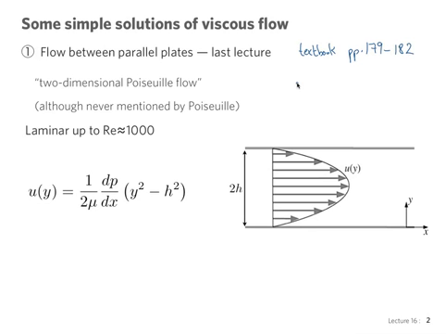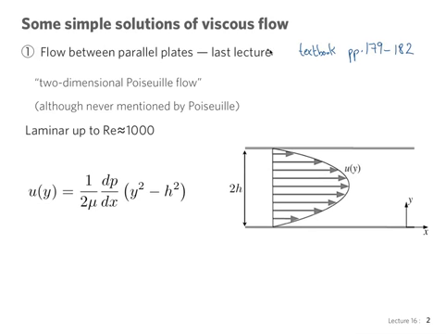Now, the derivation shown in the book is rather different than the one we saw in class. I find it wasn't to me as clear. I thought it was a little bit more convoluted, but it's another way. Every problem has at least 5 ways of being solved. So you can find there an alternative derivation.